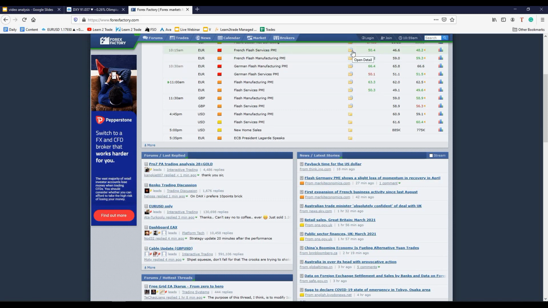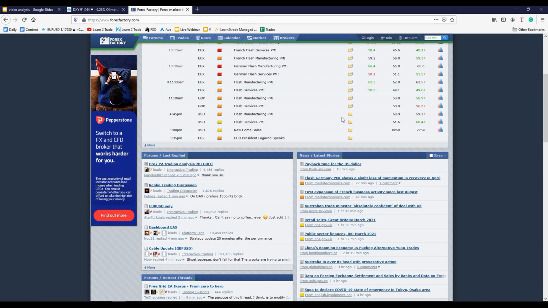French flash services PMI has jumped into the expansion territory, registering an important increase, even if the specialists have expected a drop here. So all these data from the eurozone could help the euro to increase in the short term versus the other currencies.